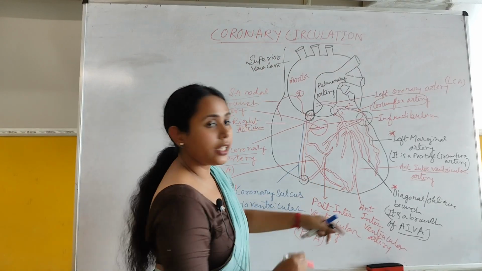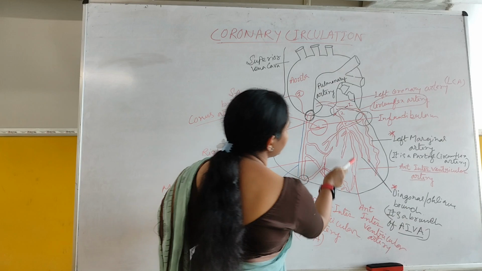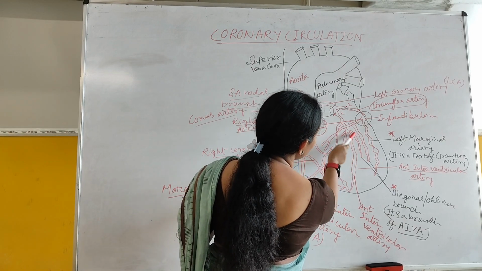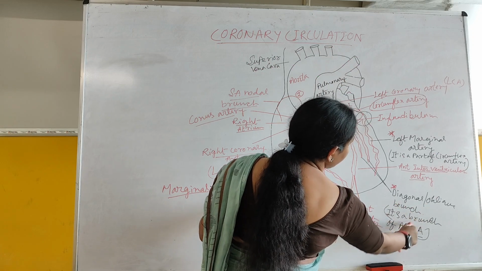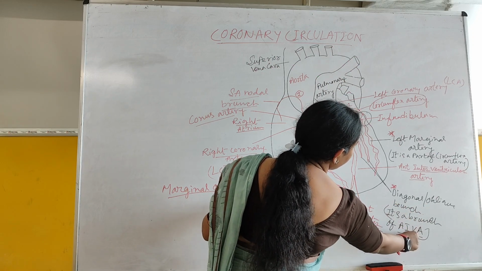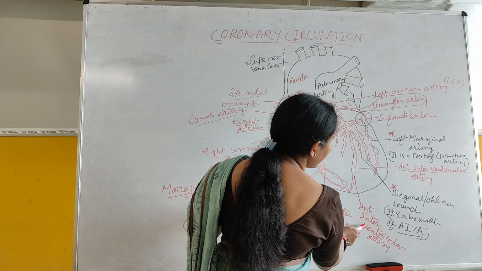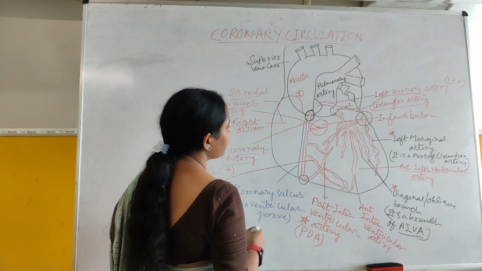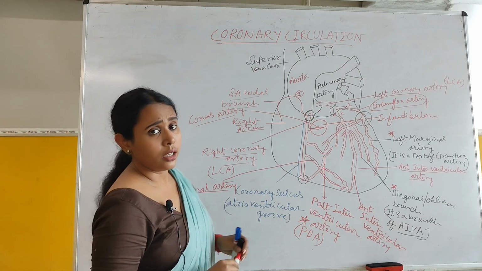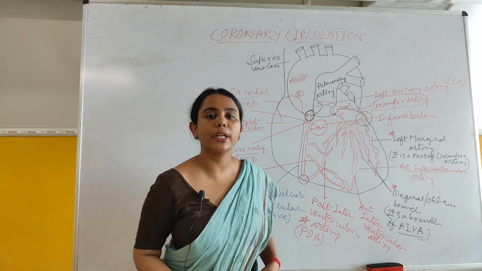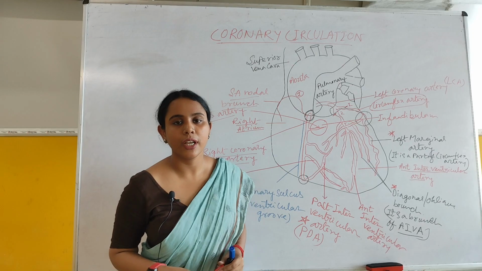The anterior interventricular artery gives its oblique branch or diagonal branch. It forms the diagonal or oblique. Okay, so this is the whole story for the right coronary artery and left coronary artery.